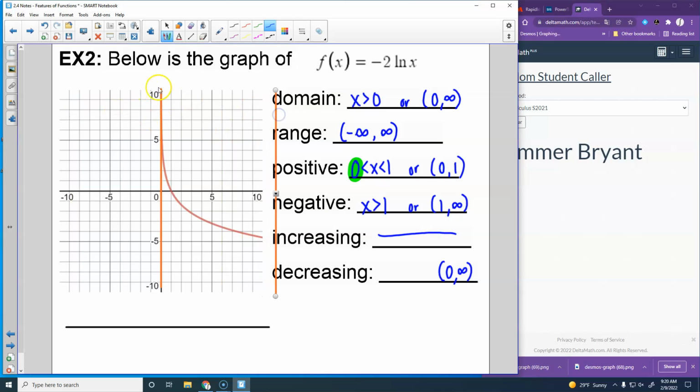I'm going to put this over here because that would be at infinity, right? It'd go on forever. So x values only from 0 to infinity. Or the other way we can write that is x is greater than 0. And so for increasing and decreasing, it's going to be the same as your domain. Okay, questions?